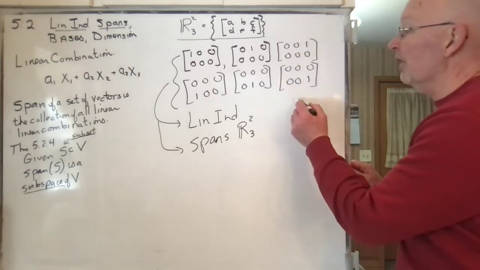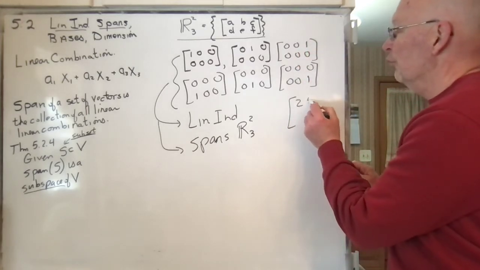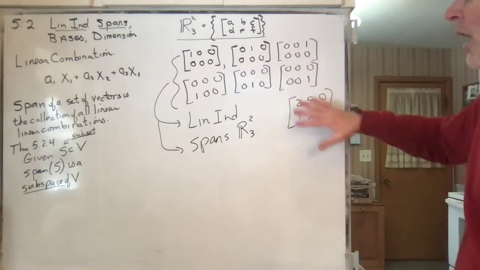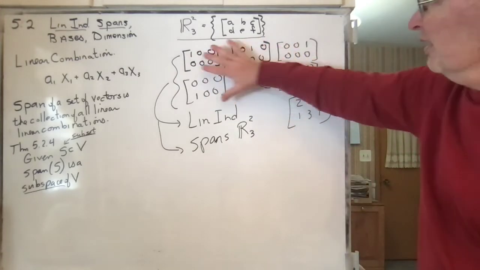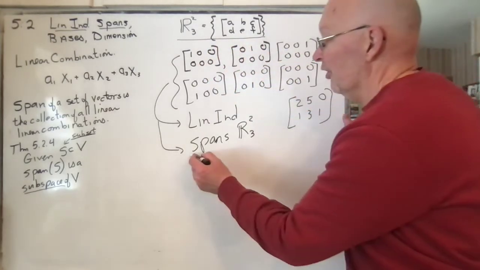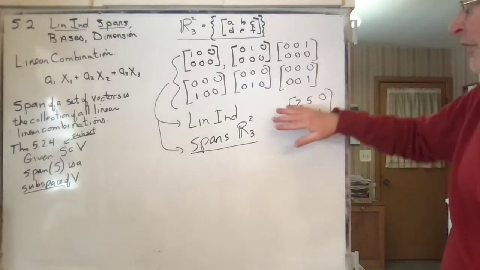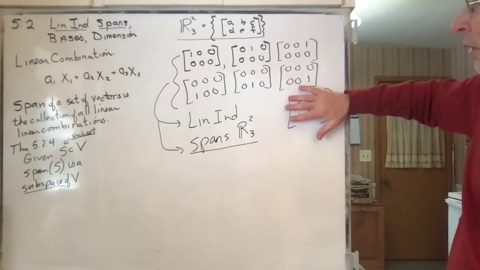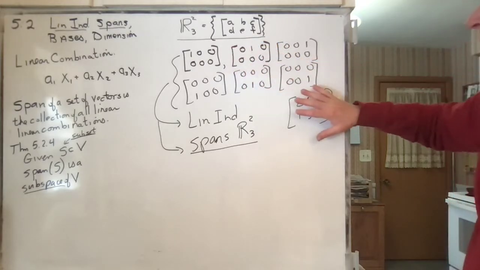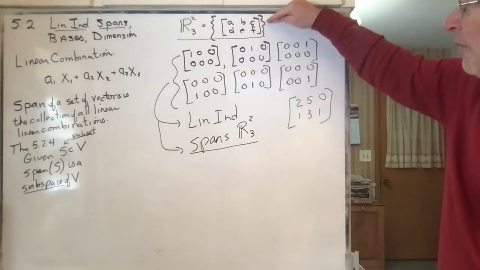I could throw another one in here. I could throw 2, 5, 0, 1, 3, 1. I could throw this in there as well. It's certainly the case that this collection of 7 vectors right here spans the space. In particular, I might not even need this one, or I could use it and make lesser use of some of these, depending on what my vector is.